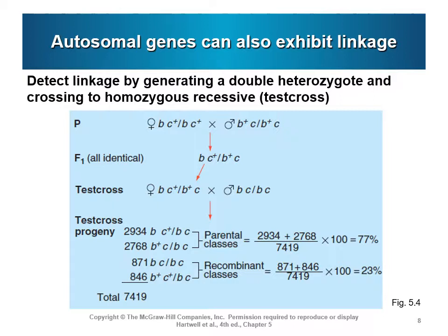If there is no recombination, we would expect to see offspring of only B C plus and B plus C. However, we don't see that, which means there is recombination, and below is the calculation of parental classes and recombination classes, which come to approximately 77% parental class and 25% recombination class.